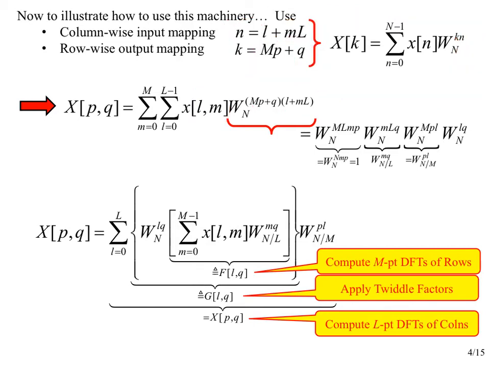Okay, so given that, let me get rid of all that. So given that, we need to focus on what's going on here with our W factor. So what we do is we FOIL this out, so we get an Mp times L is our first. And we're going to get 4 terms. So we'll have W raised to the sum of 4 things, and then using properties of exponentials, we can write that as the product of 4 different terms.